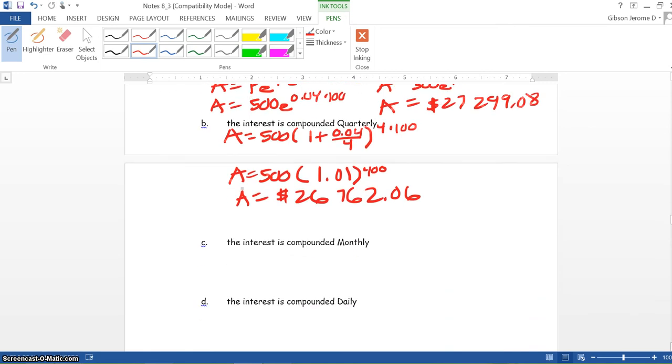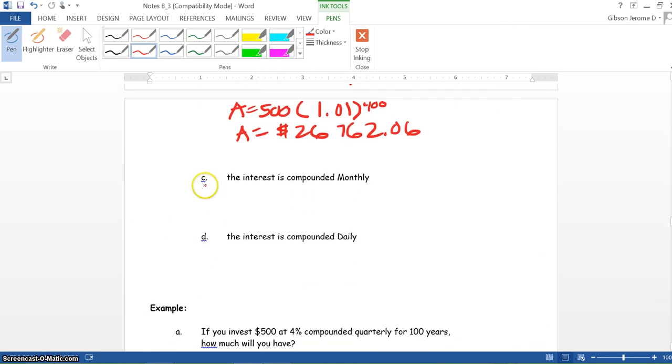Now, we want to do it when the interest is compounded monthly. So we have A is equal to, it'll be 500 for P. 1 plus our R is 0.04. It says compounded monthly, so it's 12. And our exponent will be N times T, which is 12 times 100. Now, this will give us A is equal to 500.